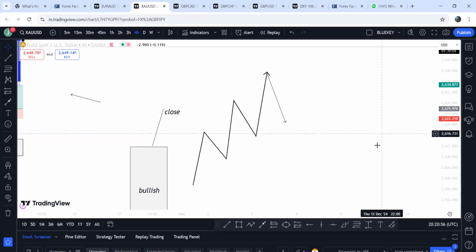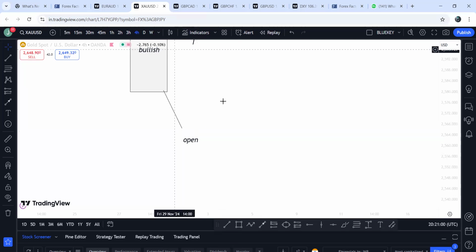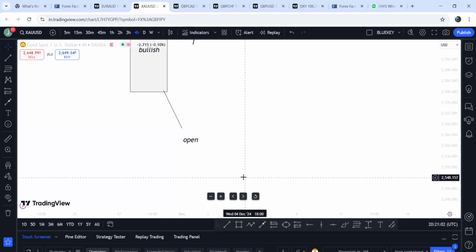So let me show you an example of what an engulfing candlestick looks like. Remember, any candlestick we're treating, there is the bullish and there is the bearish. It's a two-sided thing. So for engulfing, we're going to start with the bullish engulfing. We have bullish engulfing and bearish engulfing.